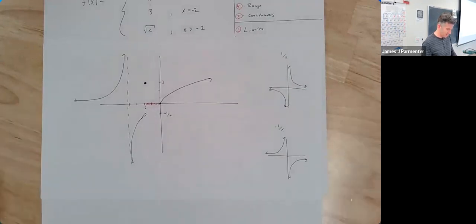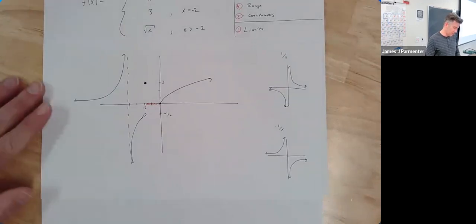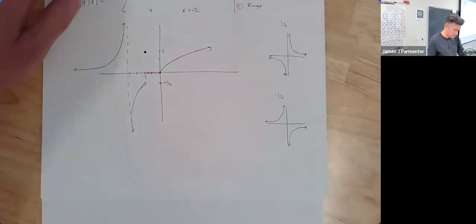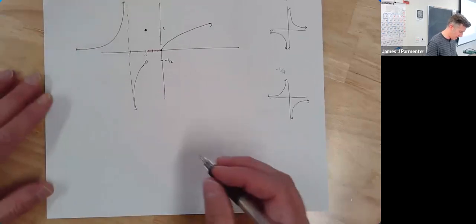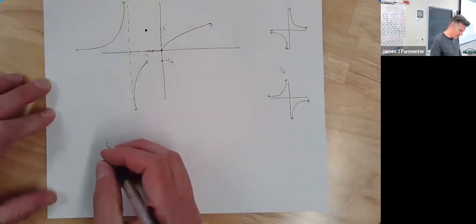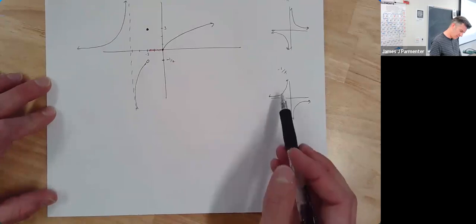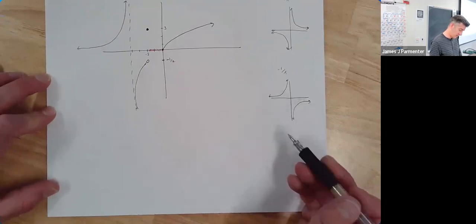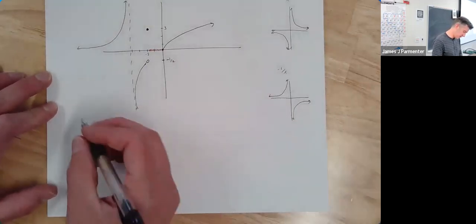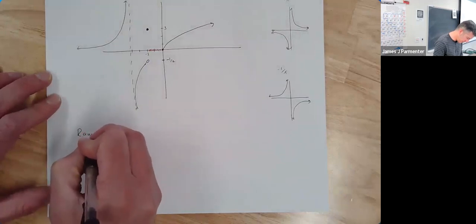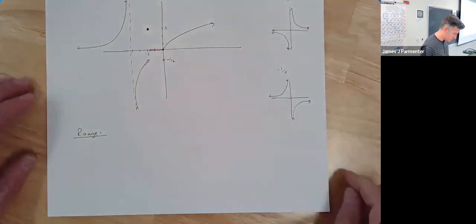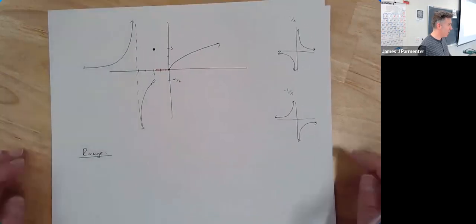Okay, let's answer the last couple of questions here. We want to talk about the range. For range, we're really just looking at what this is doing. Looking at range, I'm thinking y values.